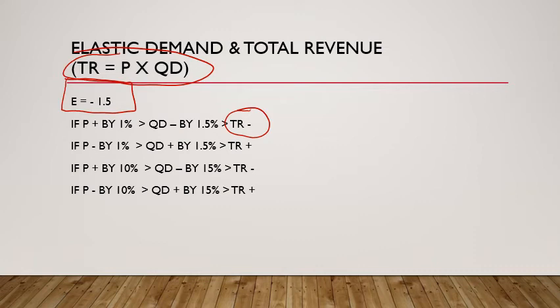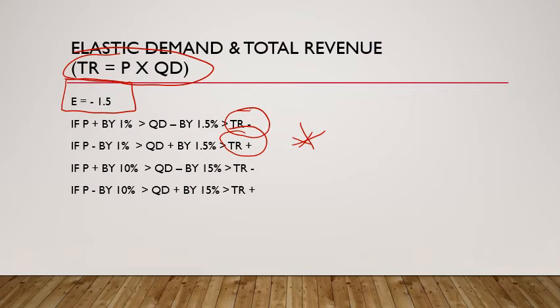So down by 1, up by 1.5%. What happens to TR? TR increases. So this must be the correct pricing strategy. If your company has a consumer base which is showing elastic demand, the correct price strategy is to decrease the price and not increase the price.